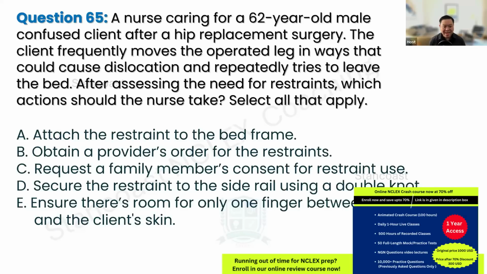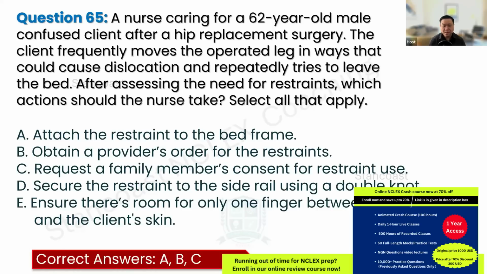A. Attach the restraint to the bed frame. B. Obtain a provider's order for the restraints. C. Request a family member's consent for restraint use. D. Secure the restraint to the side rail using a double knot. And E. Ensure there's room for only one finger between the restraint and the client's skin. The answers are letters A, B, and C.